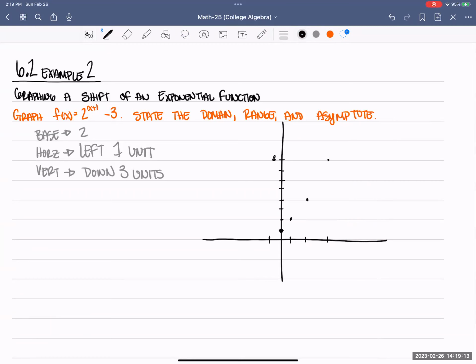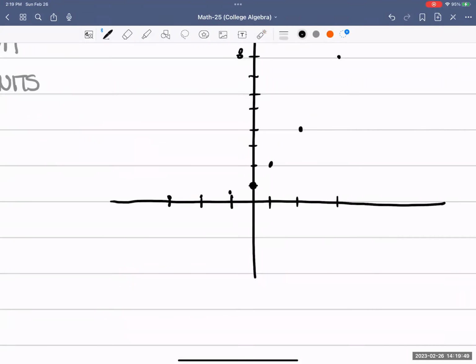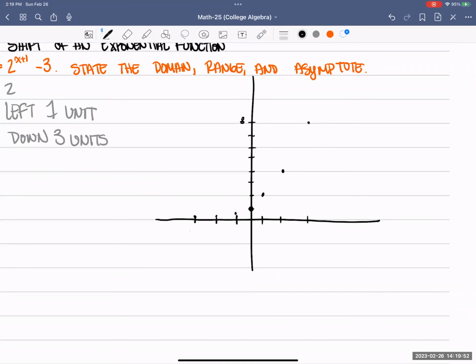At -1, we have 2 raised to the power of -1, which is 1 over 2, or 0.5. At -2, 2 raised to the -2 is 1 over 2 squared, which is 1 over 4. And at -3, 2 raised to -3 is 1 over 2 cubed, 1/8. So these numbers are getting really close to 0, but never actually touching.